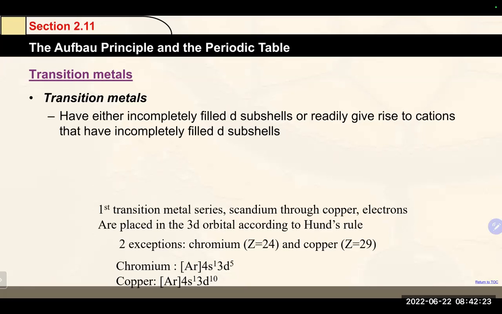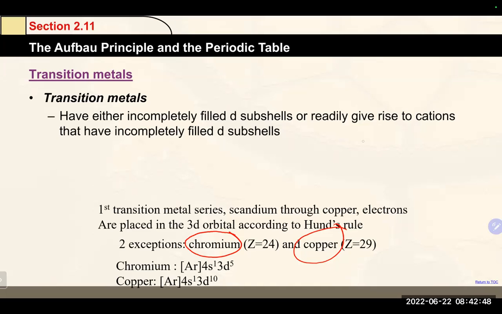There's some, again, like palladium that has all the electrons from the s go up to the d orbitals. The 2 that you are responsible for are chromium and copper. Again, you should be aware underneath those guys like silver and stuff like that, there's a lot of exceptions, but you don't have to worry about remembering those. So just chromium and copper are the 2 that you need to remember.